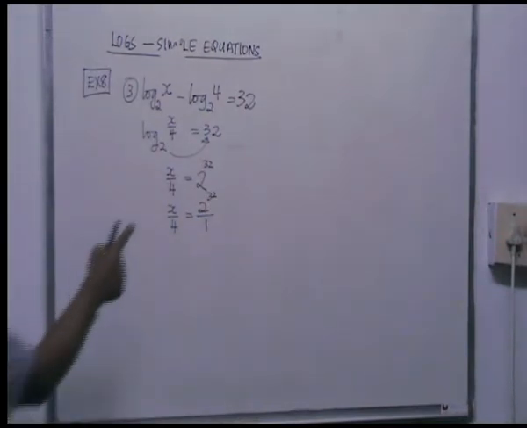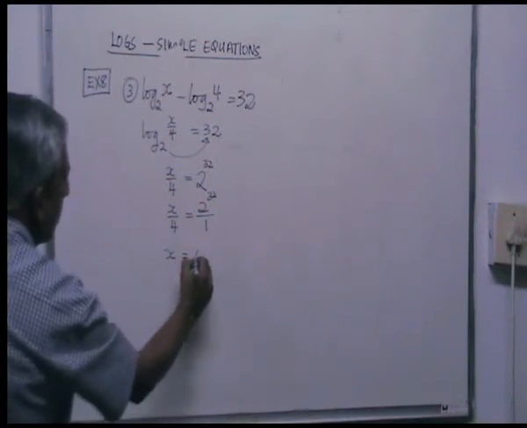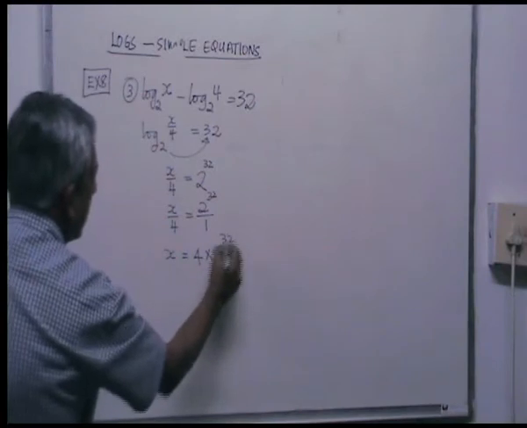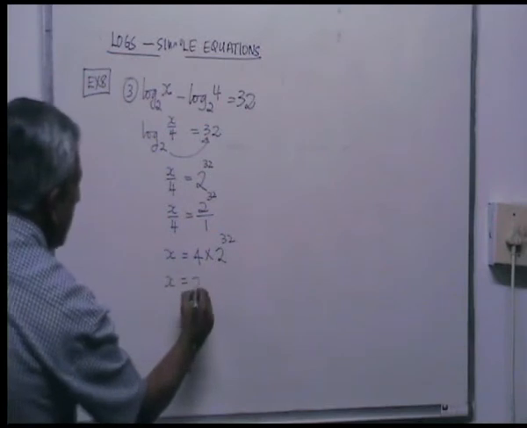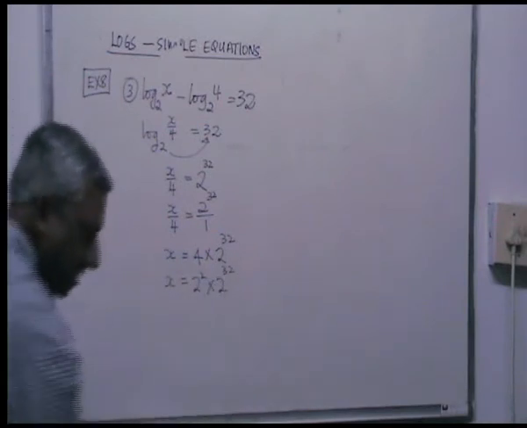And then I can now cross multiply. X times 1, x is equal to 4 times 2 to the 32. X is equal to. Now that 4 is really 2 squared times 2 to the 32.